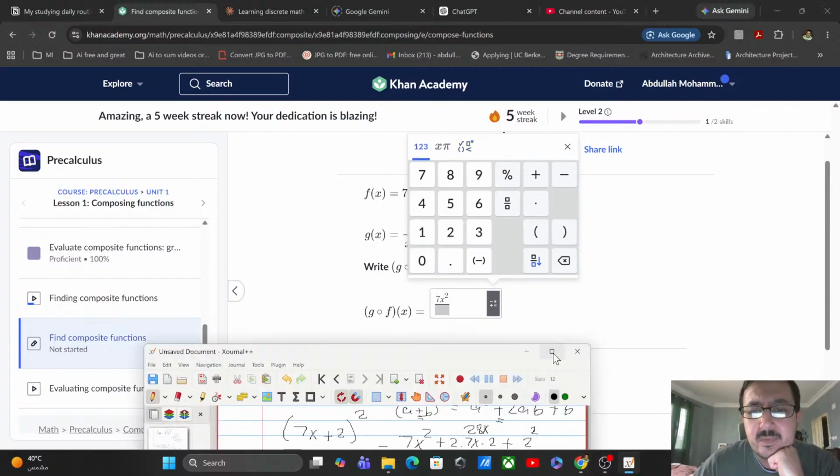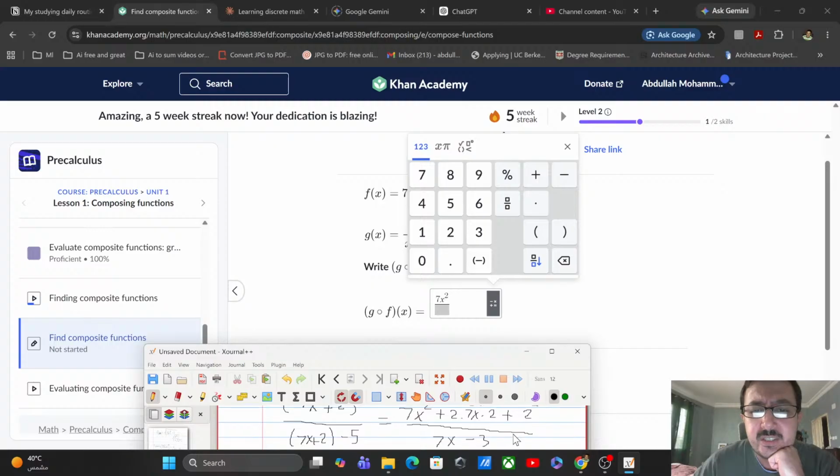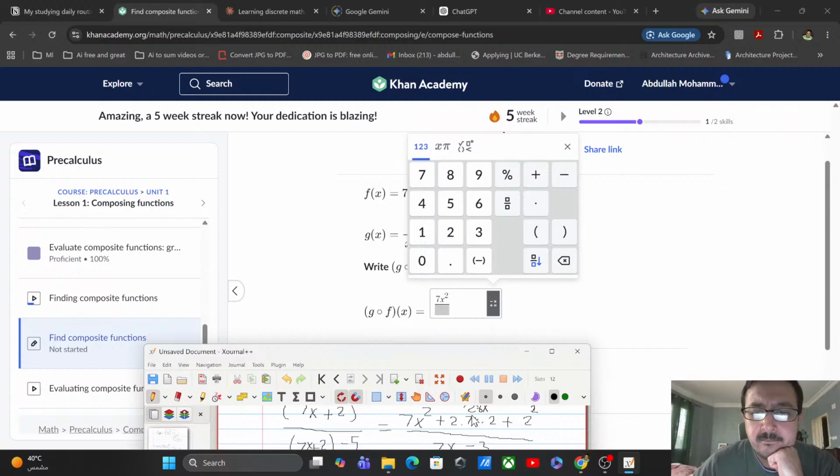This is minus 3, 7x. I think we can cancel. 28x over 7x is 4. But I can't get rid of the x though.